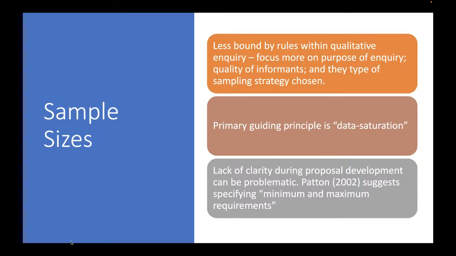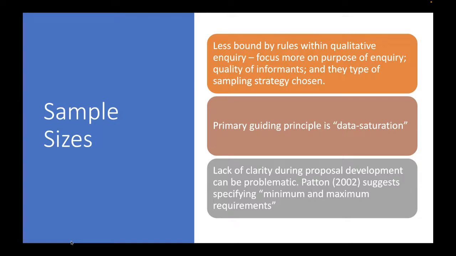So then in your sample size specification, you can tell us that, hey, I'm using maximum variation purposive sampling, and the number of participants that I will choose will be determined by data saturation, which means I will know when to stop when all the answers are saying things that have been provided already.